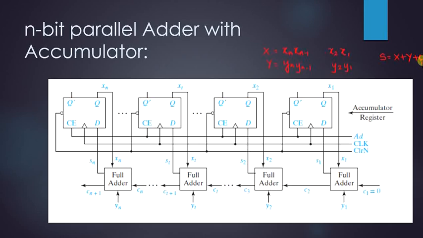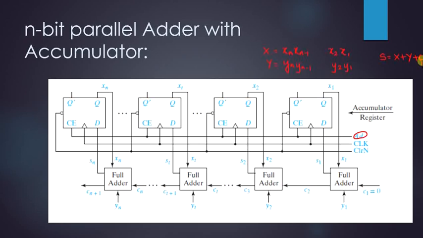In this particular circuit, we have an add signal, shown here, which is used to load the adder outputs into the accumulator flip-flops on the rising clock edge.